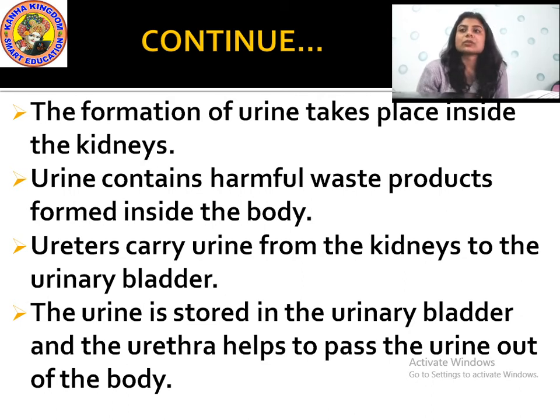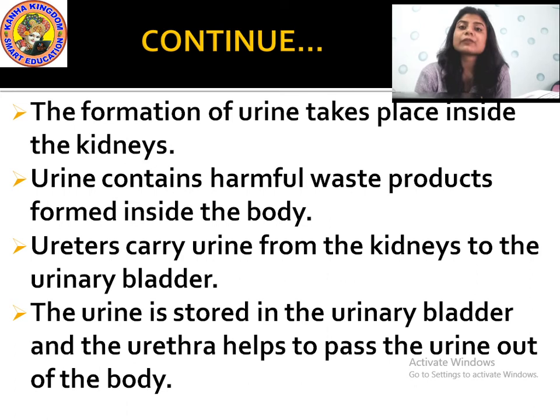Alright, in the circulatory system we studied that it is an organ system that helps our body to transport different substances. The circulatory system consists of heart, blood and blood vessels, and the heart is the main part as it pumps blood to our whole body.